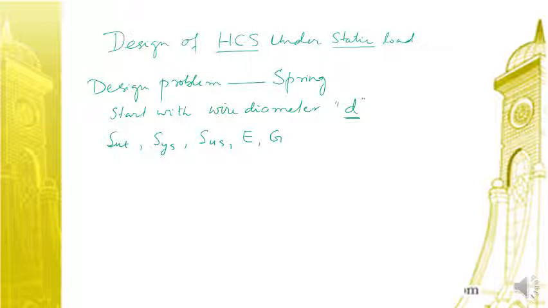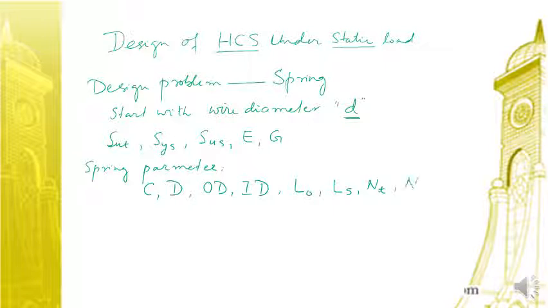Once we know these, then the spring parameters that we need to find out to complete the design process: we need to have the spring index, the mean coil diameter, the outer diameter, the inner diameter, the free length of the spring, the shut length of the spring, the total number of coils, number of active coils.